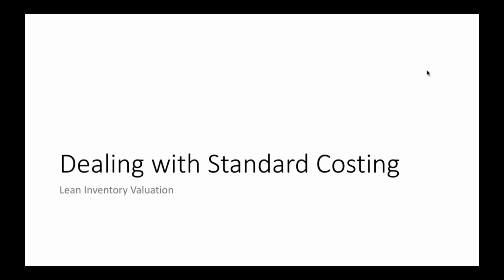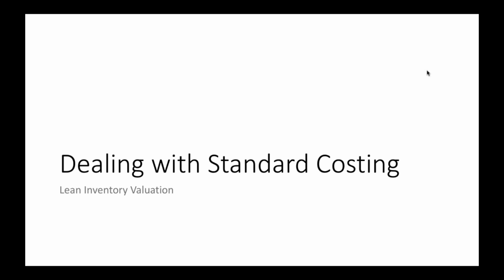This topic of standard costing, which really applies primarily to manufacturing companies, is where lean accounting and financial accounting converge. And the area of convergence is the valuation of inventory.